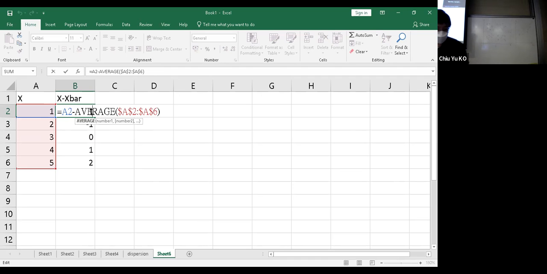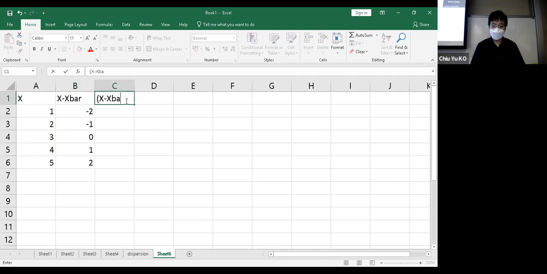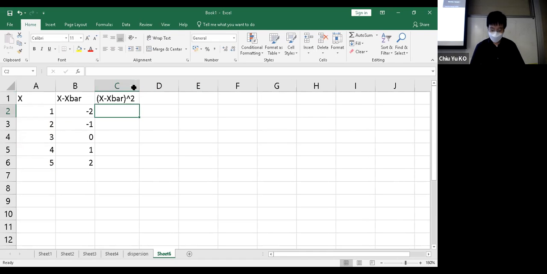Now to calculate variance, that's very simple. You want x minus x bar and raise it to the power 2, right? That's how we learned. And variance will be the sum of these over how many of them.